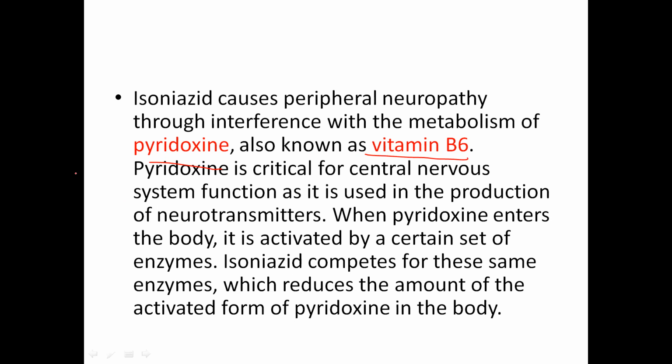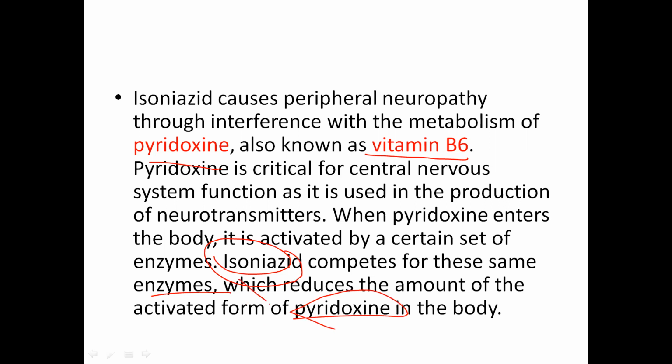Pyridoxine is critical for CNS function as it is used for production of neurotransmitters like serotonin, GABA, glycine, and others. When pyridoxine enters the body, it is activated by a certain set of enzymes, and isoniazid or INH competes for those enzymes, which reduces the amount of pyridoxine.